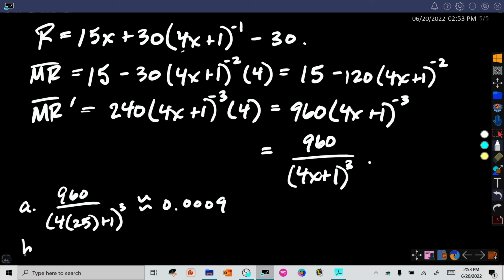So that's part A. Part B is asking us to interpret the result of part A. What is it saying?